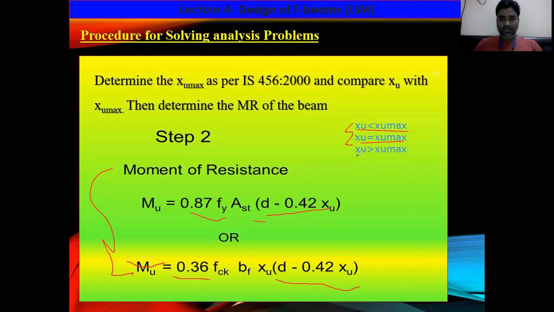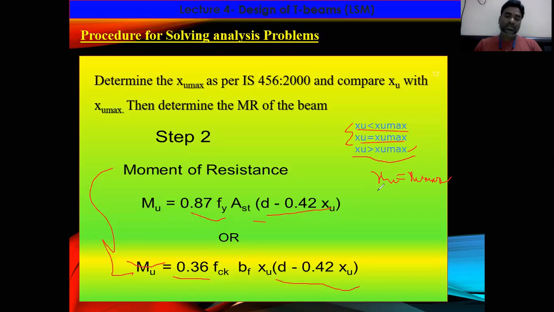Suppose, for example, you got xu greater than xu max, that means an over reinforced section. In that case, as we discussed in the previous classes, in the limit state method as per IS 456 2000, we have to avoid the over reinforced section because of sudden failures. Therefore, you just restrict your xu equal to xu max.